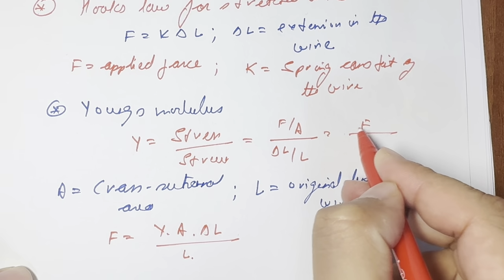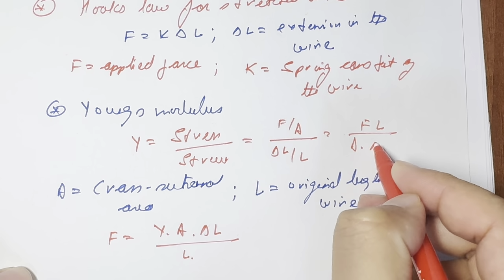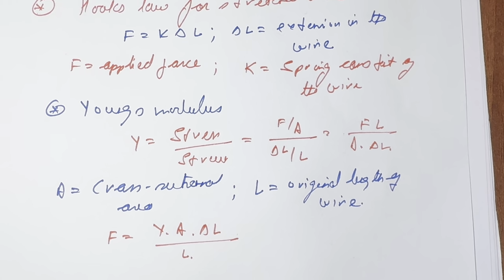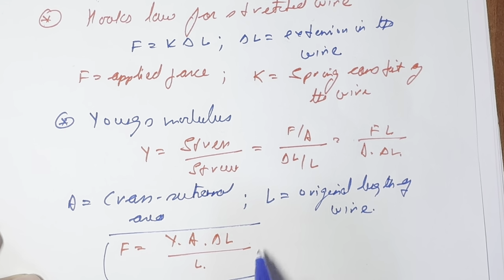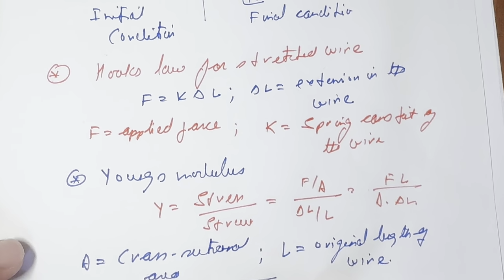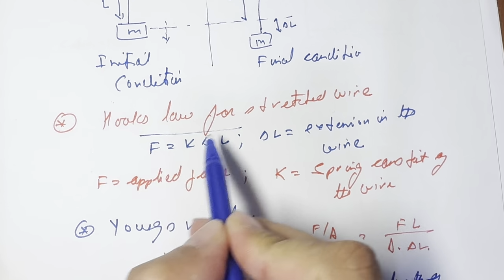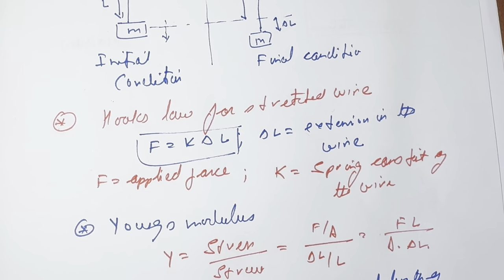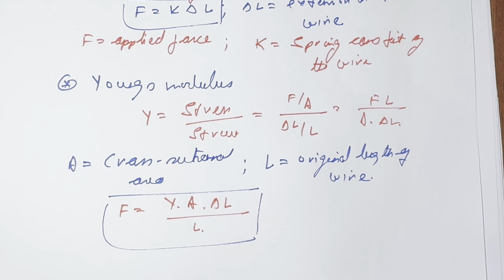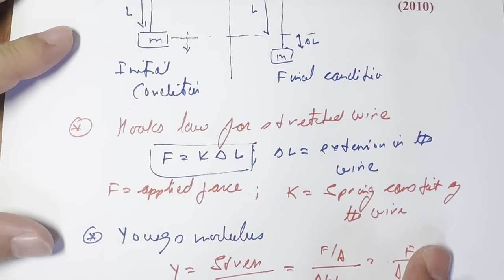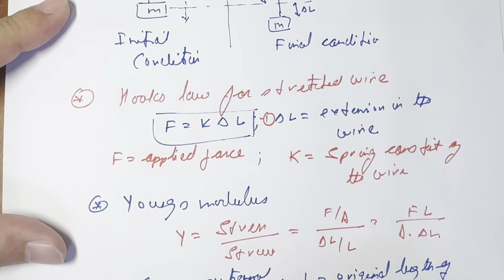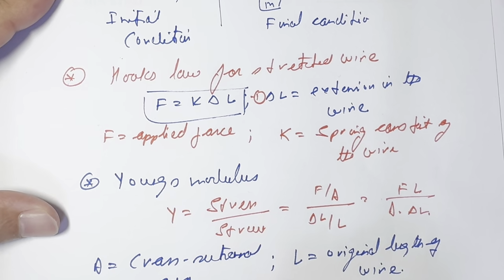Here this becomes A into delta L upon L. Okay, now it's correct. So this is also the applied force equation, and this is also the applied force equation: first from Hooke's law, and another one from Young's modulus of elasticity. So we can equate, let us call this equation number 1 and this equation number 2.